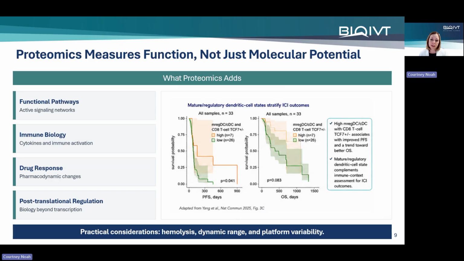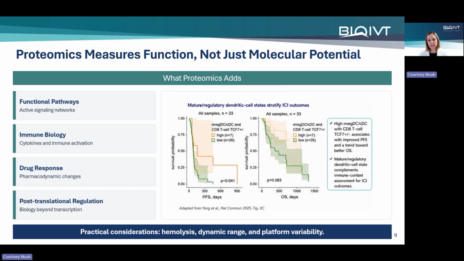The example on the right here shows that protein-defined immune states, specifically mature or regulatory dendritic cell states with certain T cell features, can actually be used to stratify outcomes in patients treated with immune checkpoint inhibitors. So the key point here is that protein and immune cell state measurements can provide outcome-relevant biology that DNA alone would not capture. And of course, just like the other analytes, with proteins there are challenges as well.